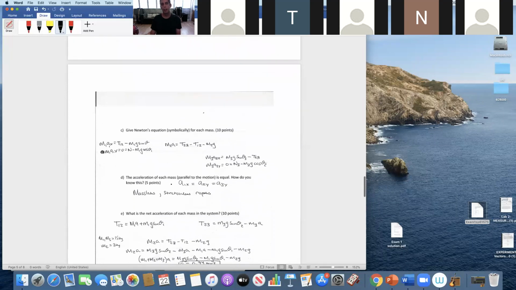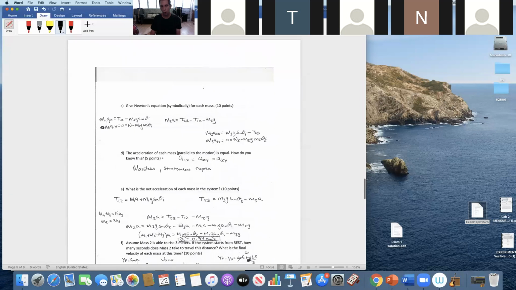That's our next thing. Since these are all connected by massless, stretchless ropes, you know A1X, A2Y, and A3X are all equal to what we'll just call A. We know this because they are massless, stretchless ropes.